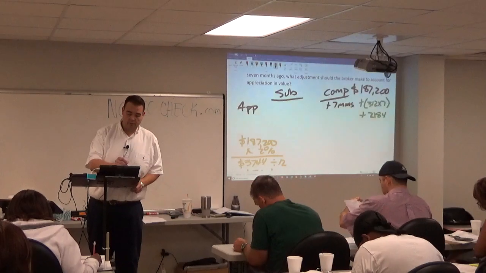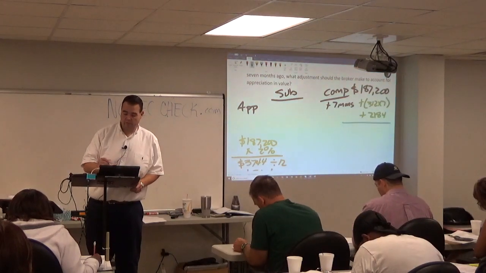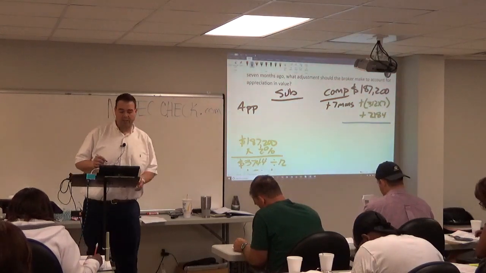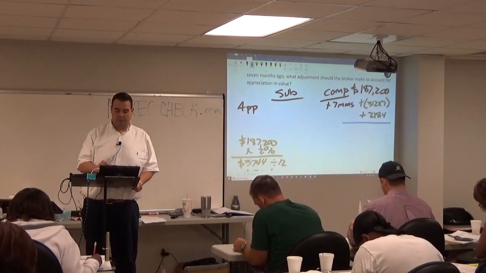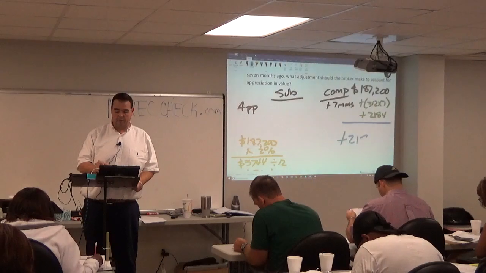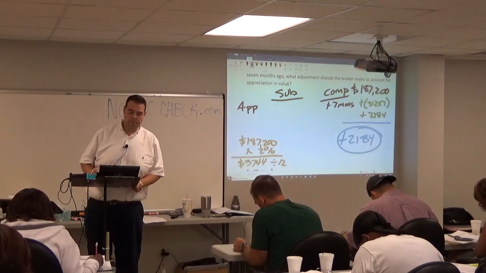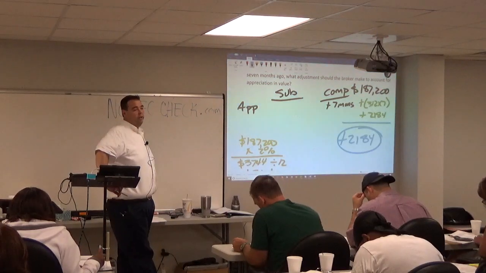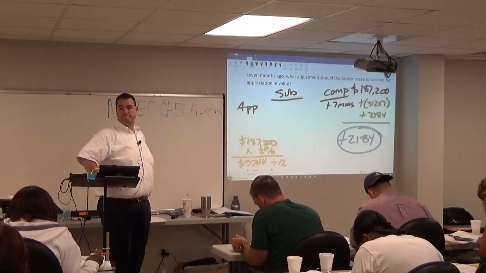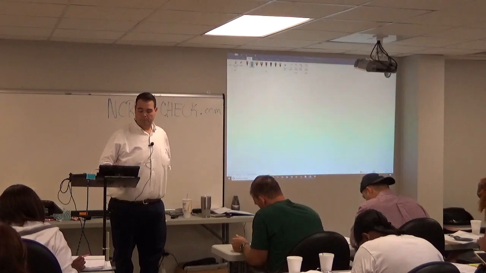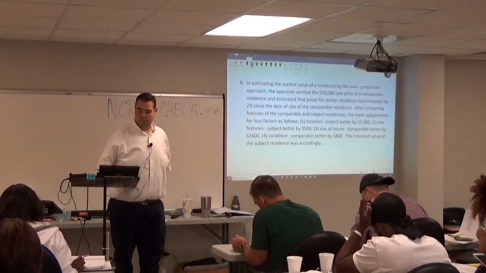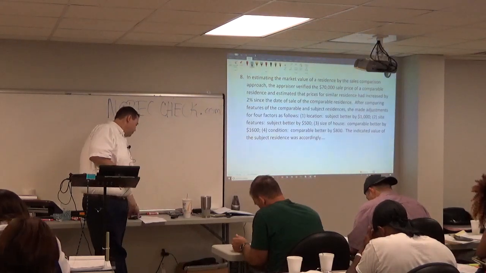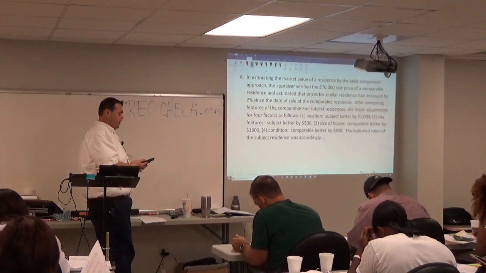And that gives us a grand total, 187.2. Oh, they just wanted the adjustment. They didn't even ask for what they just wanted the adjustment. So the adjustment is plus 2,184. Feel okay about that? All right, I want you to do number 8. Write out your chart.